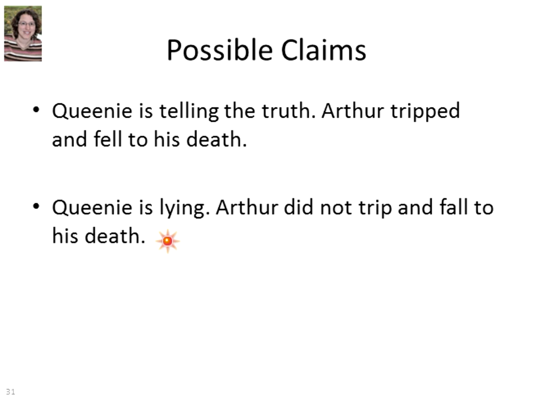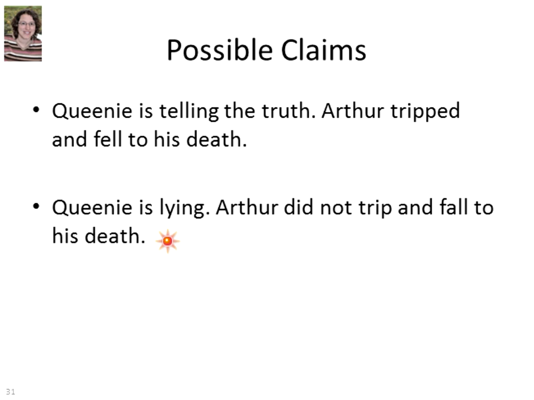And on the basis of our evidence, what claim do we want? I assume that all of the evidence that you gave me suggests that Queenie is lying, that Arthur did not trip and fall to his death. Well, you're using basically your common sense, and you have a general sense of what this kind of argument should look like.